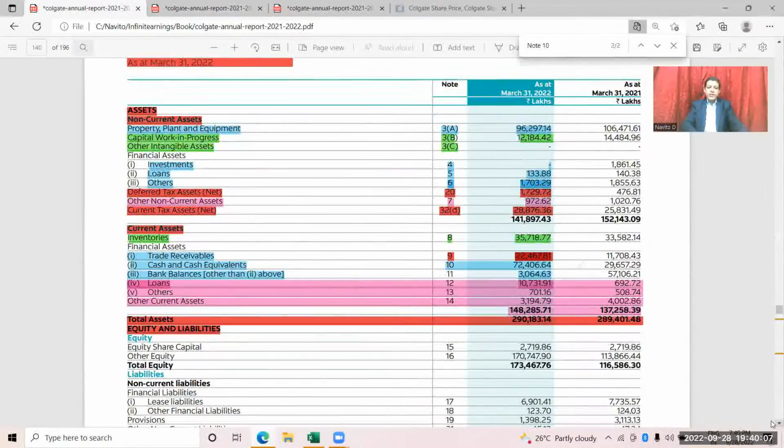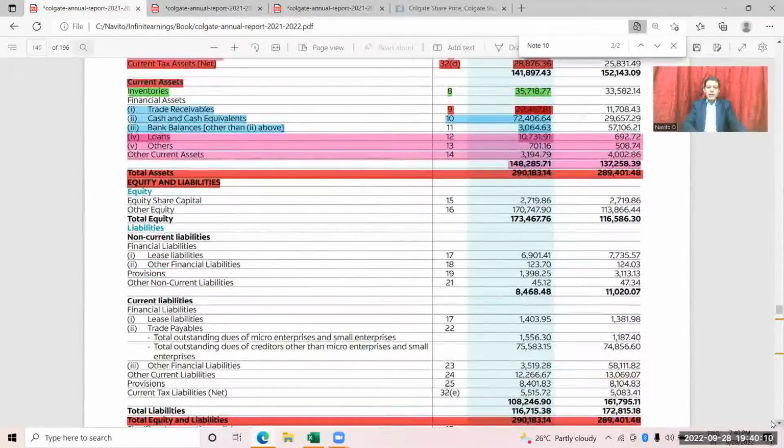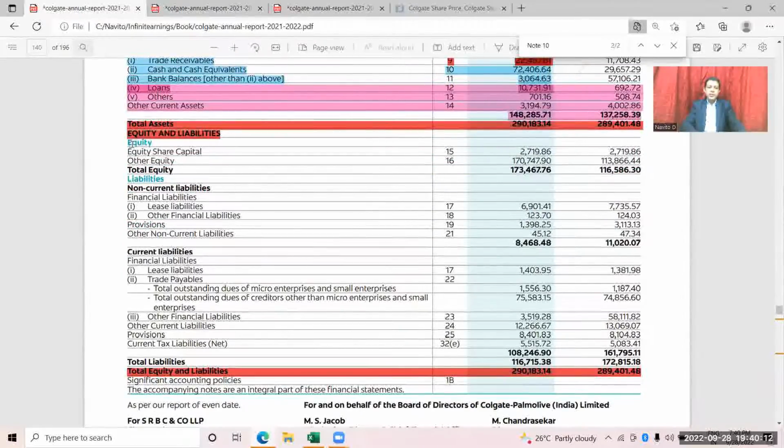So now that we have covered the asset section of the balance sheet, let us see our equity and liability section. Within equity and liability, the first section is equity. And the first item within equity is equity share capital. This is the capital which the company has received towards its investment. That means whatever the promoters have put, and whatever the company has been able to raise from the market via the IPO process. So this is shown as equity share capital. Next comes the other equity, which is the reserves and surplus.